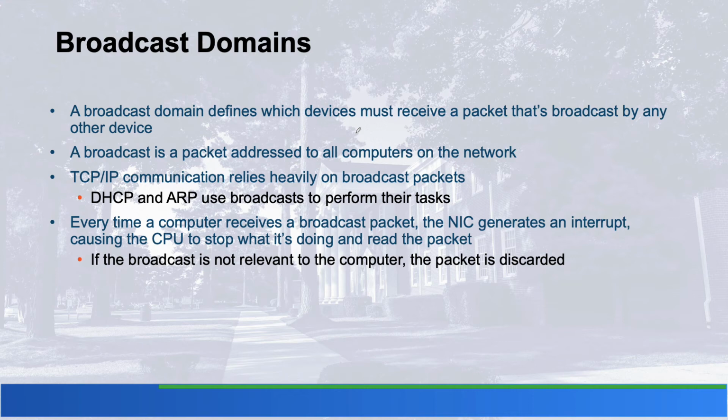IP version 4 relies heavily on broadcast. So some of the protocols we have, DHCP, which we use to assign addresses to computers, and ARP, which we use to translate IP addresses into MAC addresses, use broadcast. So broadcasts happen all the time on the network. Just remember that broadcasts slow your network down because it ties up all of the lines.